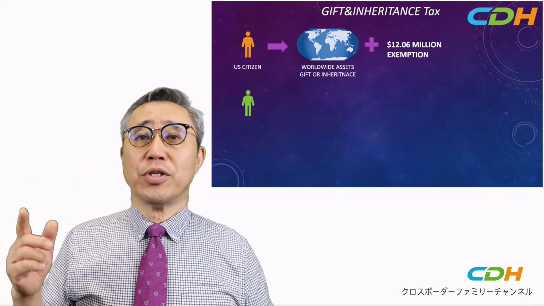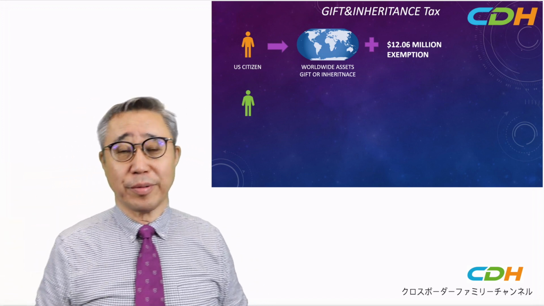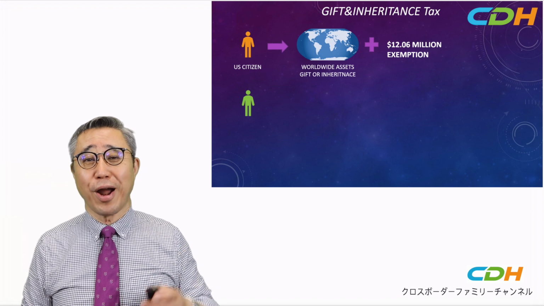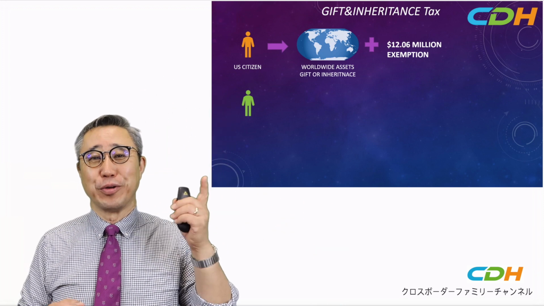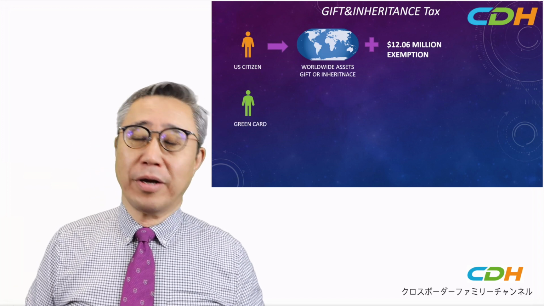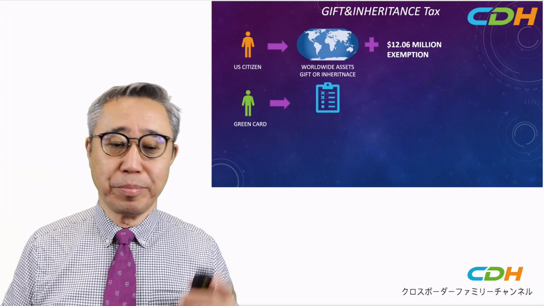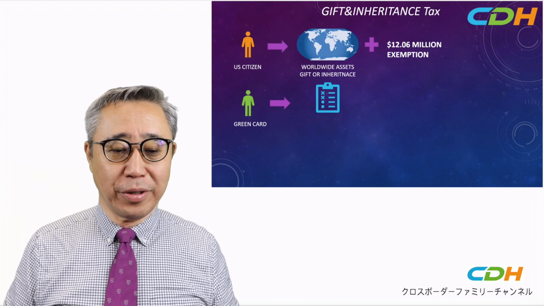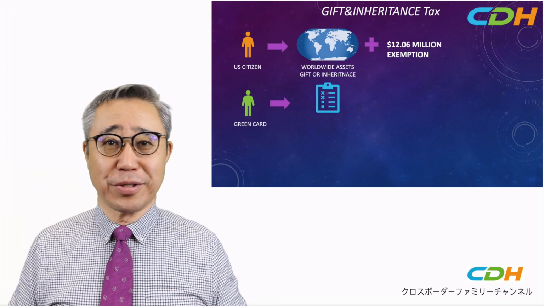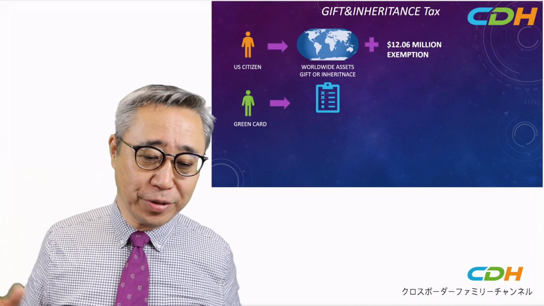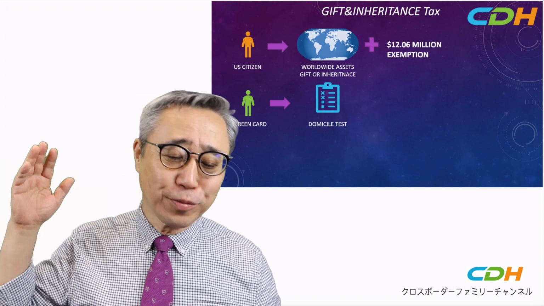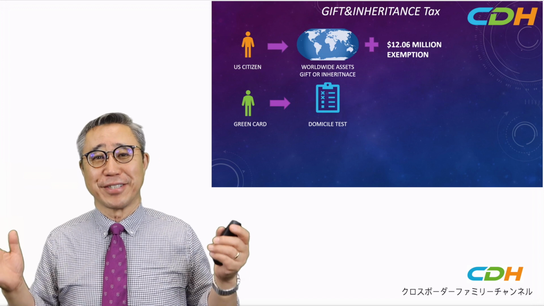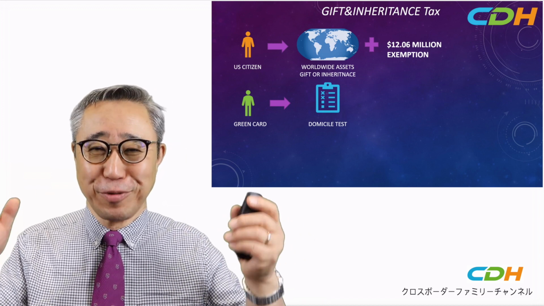Okay, so let's talk about the green card holders. Because you're a green card holder, I color this person as a green. Well, green card holders, before you get to this same as US citizen, there is a domicile test. Hey, Mr. Fujimoto, I have never taken such a test. Okay, this is not a formal test.